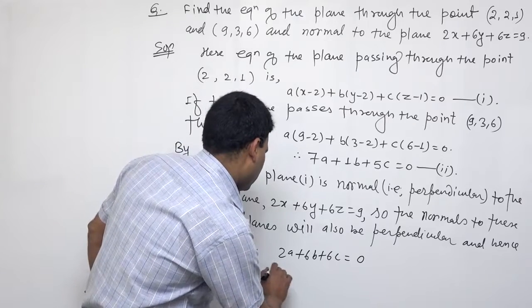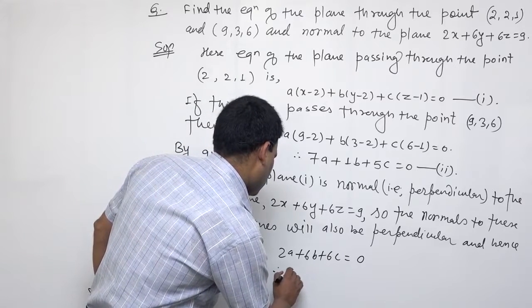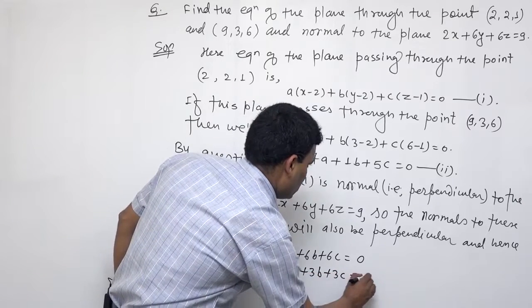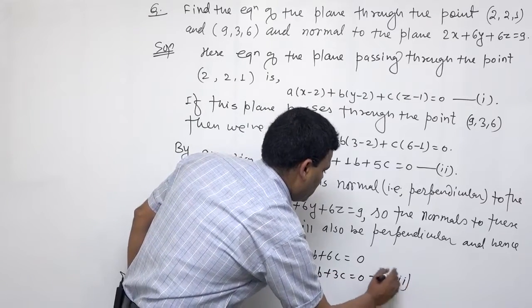Taking 2 common and cancelling, we get a plus 3b plus 3c equals 0. Let it be equation 3.